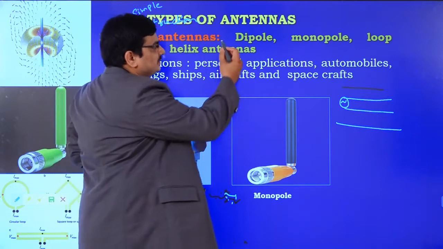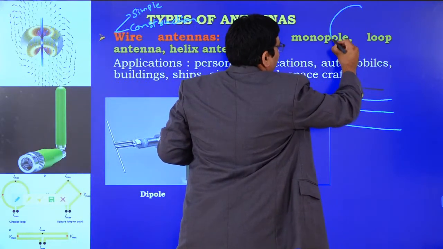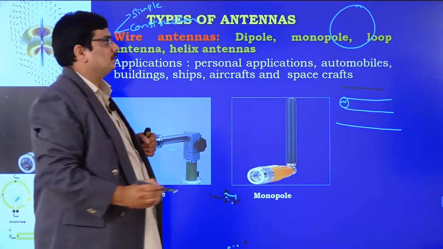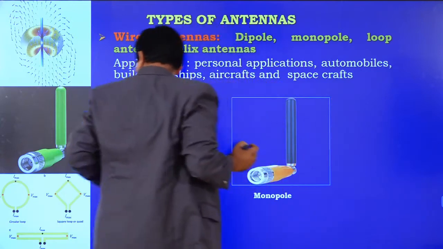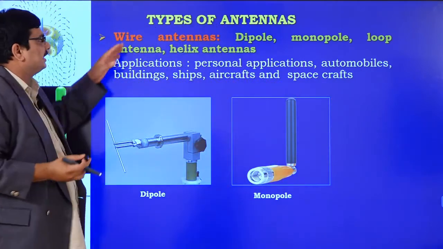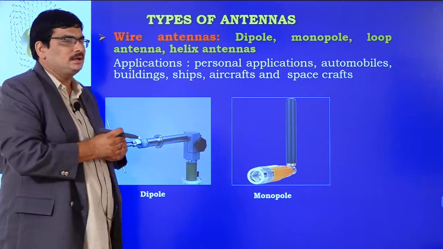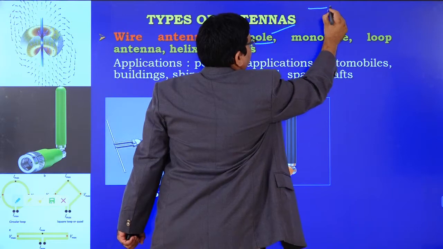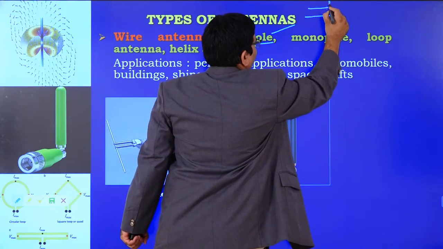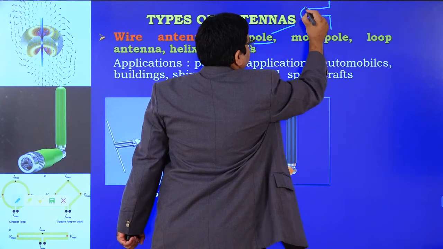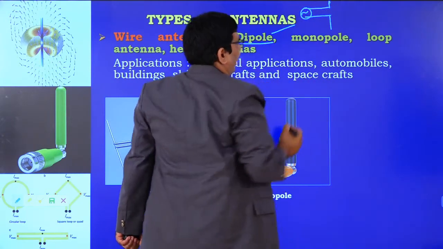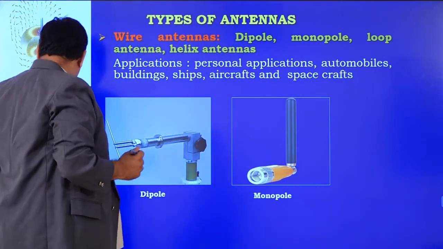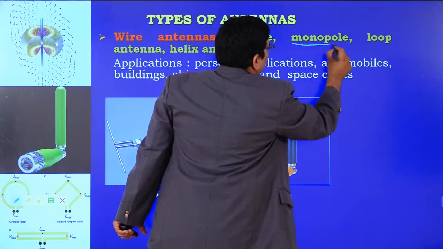If we use this same antenna as a circle, then we can call it a loop antenna. So there are many types of wire antennas. One is the dipole antenna, where we take two wires and give the excitation to these two wires. The length of this wire antenna is lambda by 2. Another antenna is the monopole antenna.